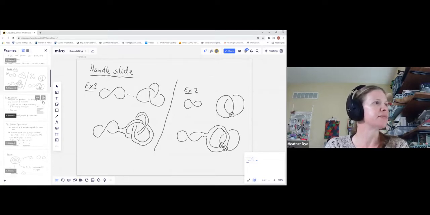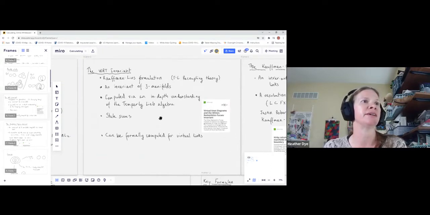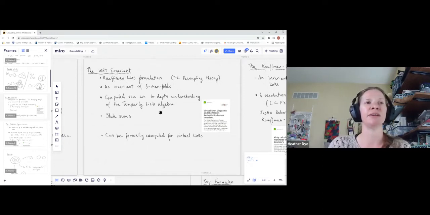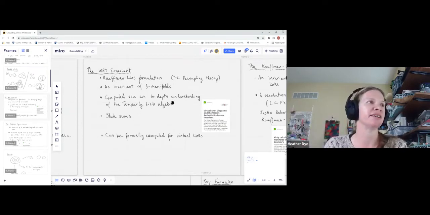So this brings us to the WRT invariant. The WRT invariant was actually one of the invariants that I studied when I was completing my thesis like 20 years ago. That has been a little bit of time.